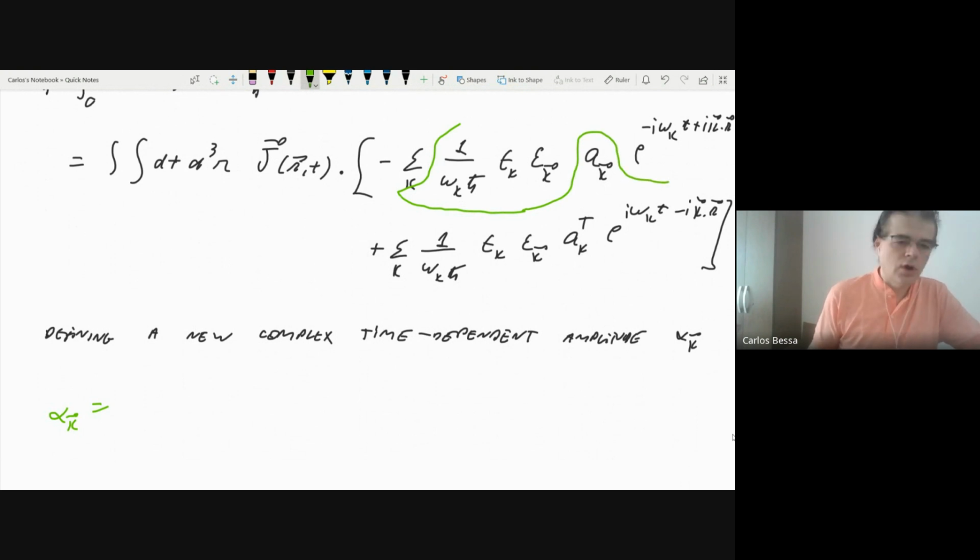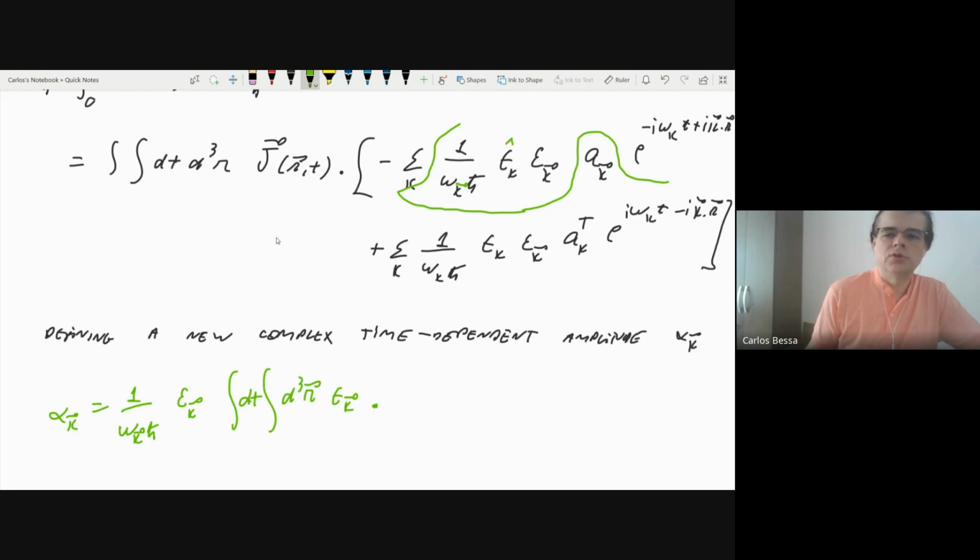Okay. So alpha k will be the integrals of one over omega k h bar, e k, the dt integral and the d3r, plus this term here with this term here inside, e k scalar, because it's the scalar product here.